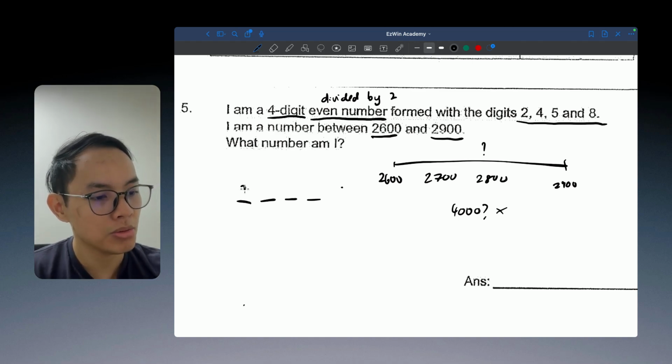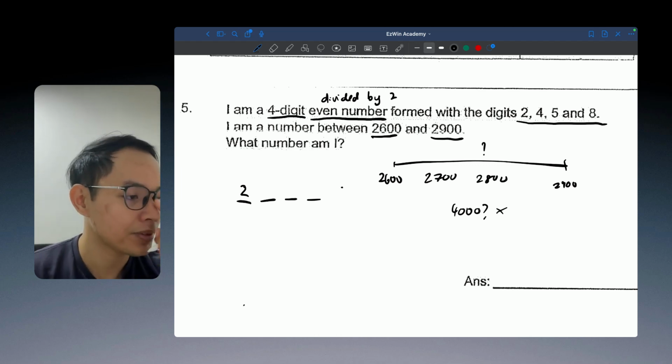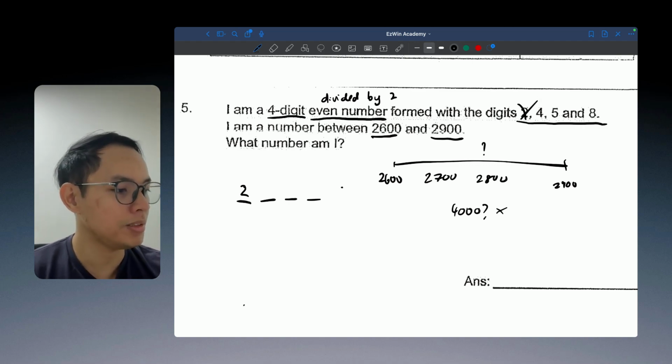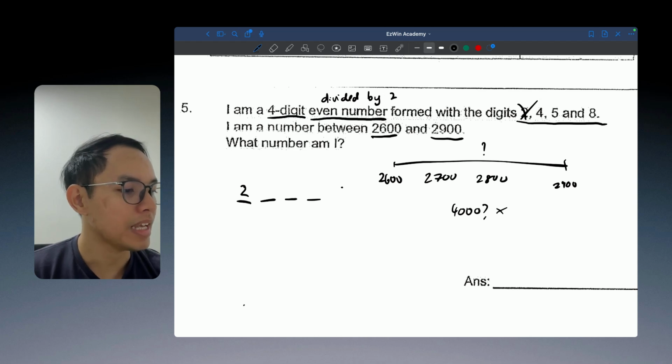So the first number should be 2, as what you see over here. The next part, we remove 2, so no more 2 already. We can ignore the number 2 actually, and we just need to understand it should be in between the next number, which is 600 to 900.